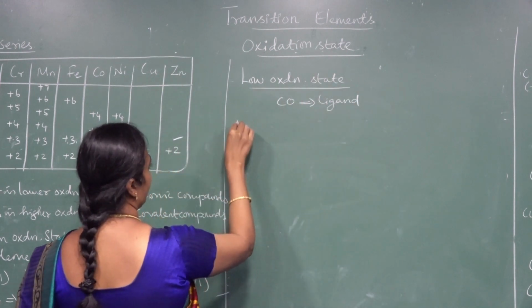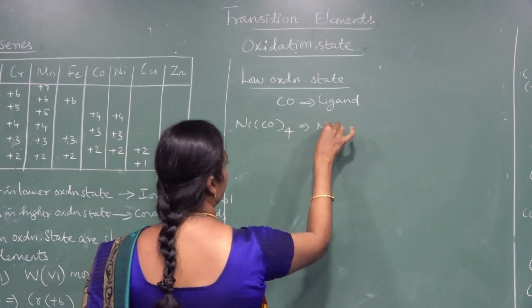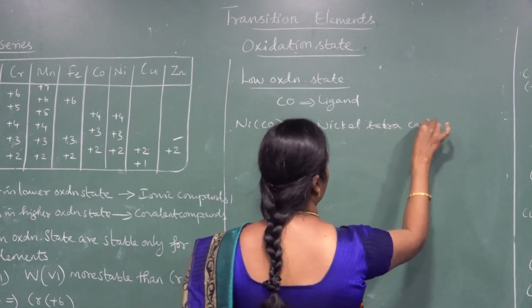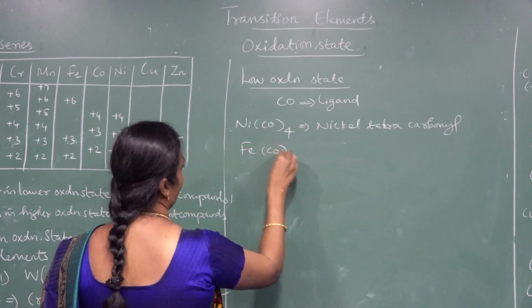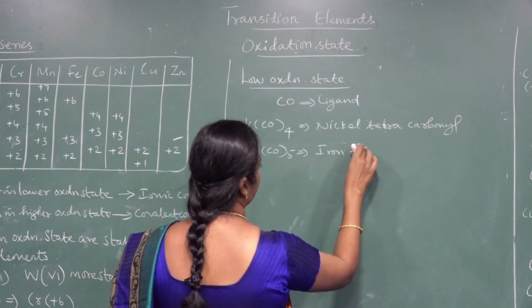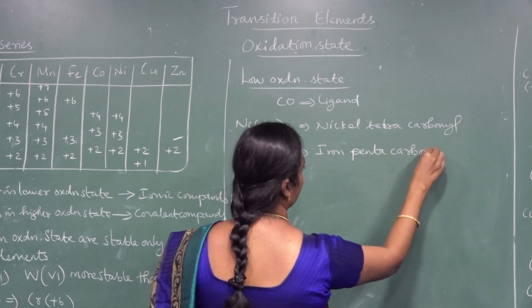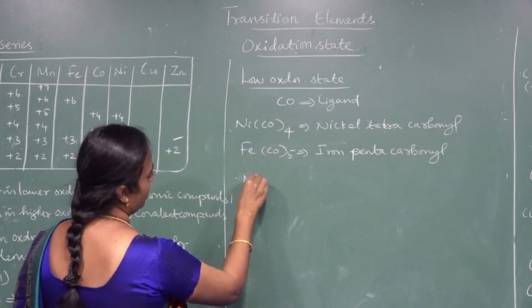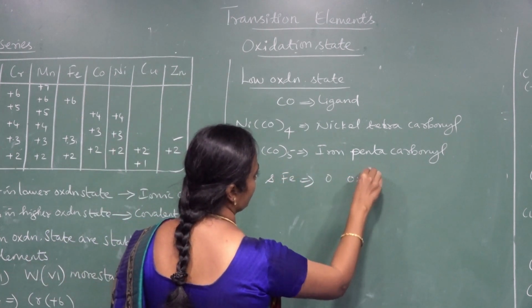For example, take nickel tetracarbonyl and iron pentacarbonyl. Here you will expect nickel and iron in zero oxidation state.